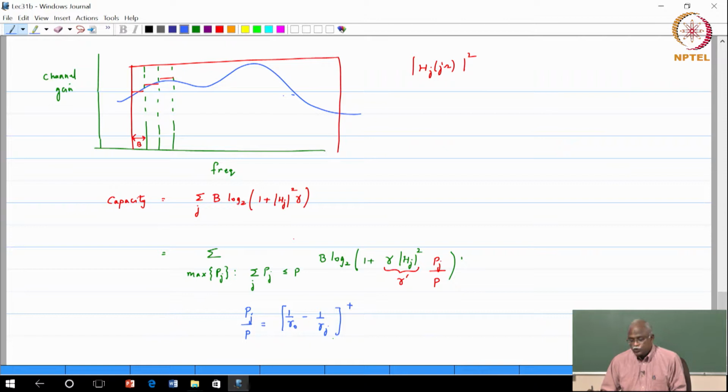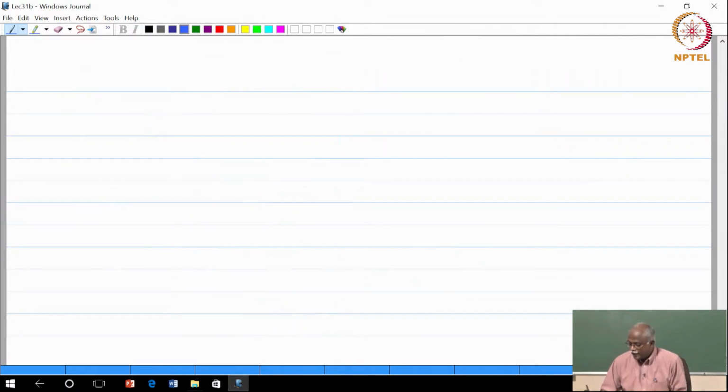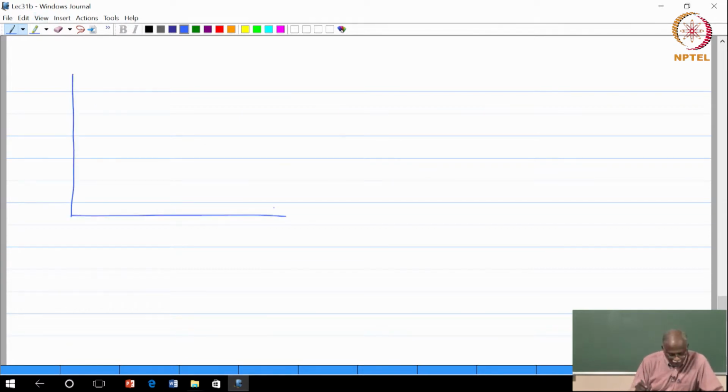So, the key result is that when I have a wideband signal, first of all I am going to have frequency selective fading, and the process by which we will achieve capacity is that I am going to quantize the SNR in each of those bands, and I am also going to do 1 over gamma water filling.